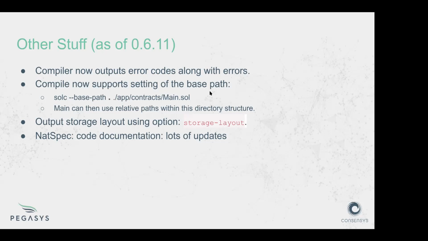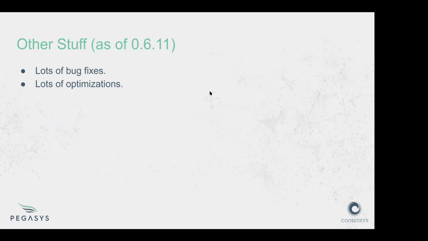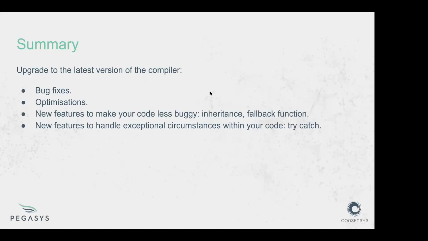NatSpec is all around code documentation, and there have been lots and lots of updates on that too. And there have been a lot of bug fixes and a lot of optimizations. So in summary, you should be using the latest version of the compiler at all times.